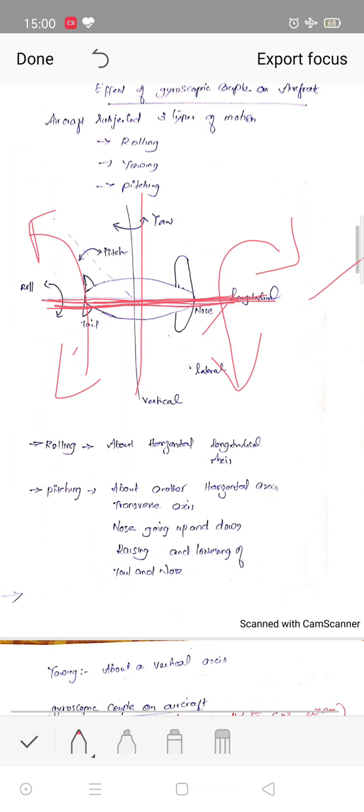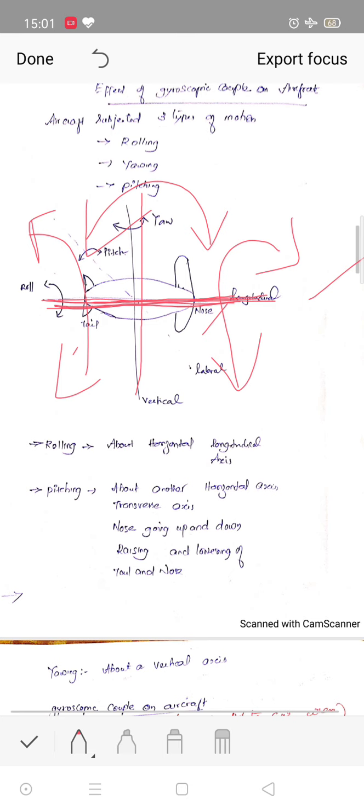Second one is pitching. One more horizontal axis is there. If the aircraft is rotating about this other horizontal axis, that is called pitching. That means if it is rotated like this, what will happen?